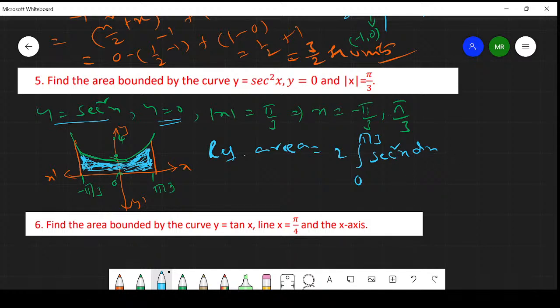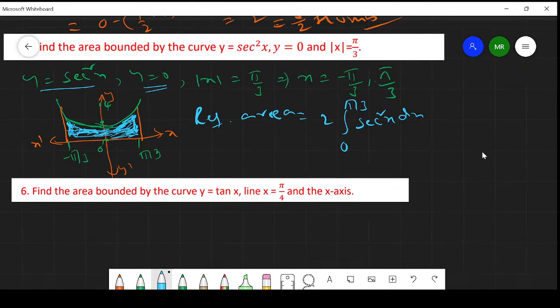But we know that the integral of secant square x is tan x. I can write 2 into tan x with limits 0 to pi by 3. So 2 into tan pi by 3 minus tan 0.